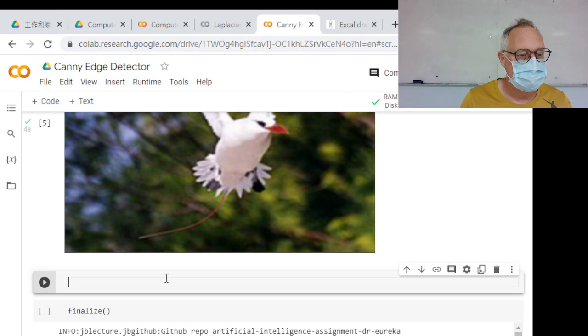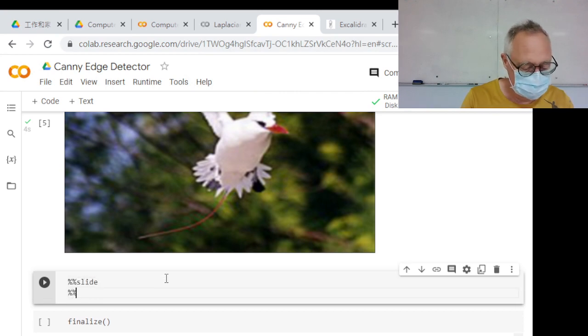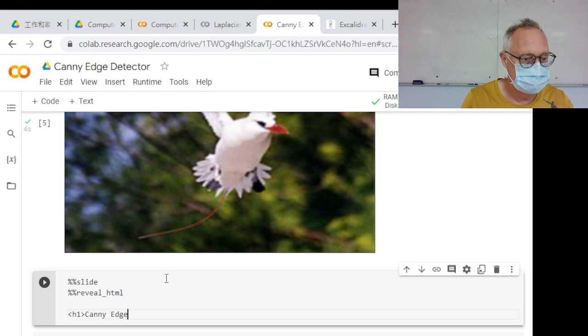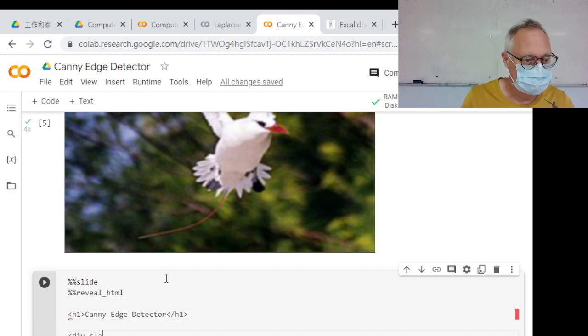And here, the Canny edge detector is a popular general purpose edge detector.